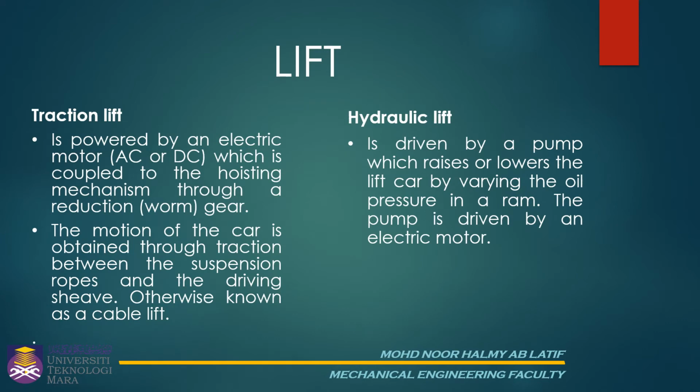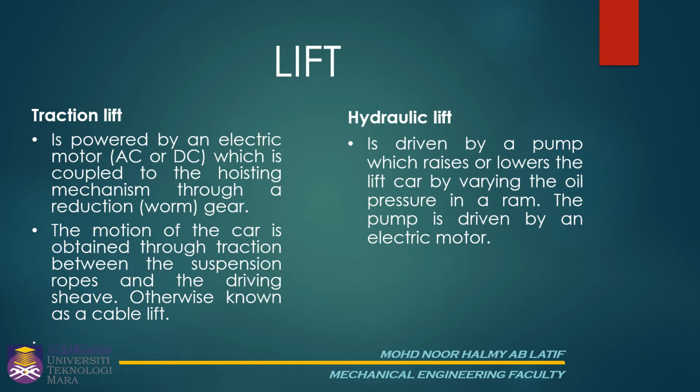Usually, lift can be divided into 2 types, which are traction lift and hydraulic lift. A traction lift is powered by an electric motor, either AC or DC, which is coupled to the hoisting mechanism through a reduction gear.